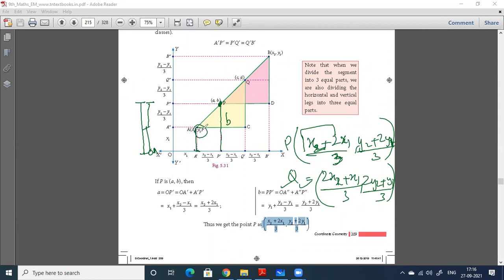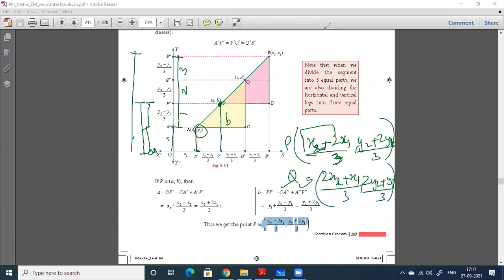Very simple. What is this one? This is the dividing of this entire line length into 3. This entire length is divided into 1, 2, 3 segments. So what is the entire length?